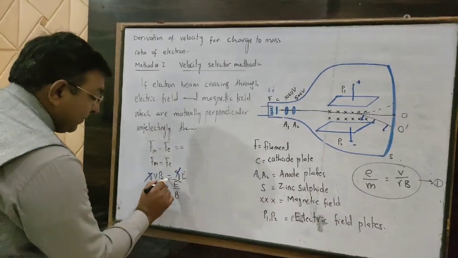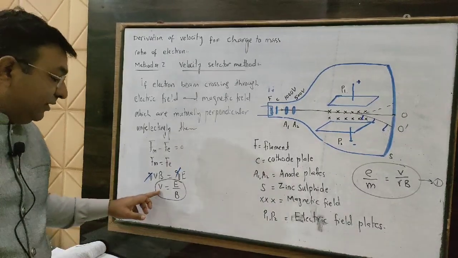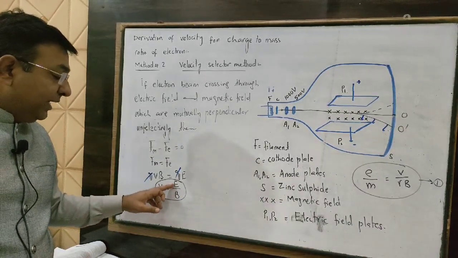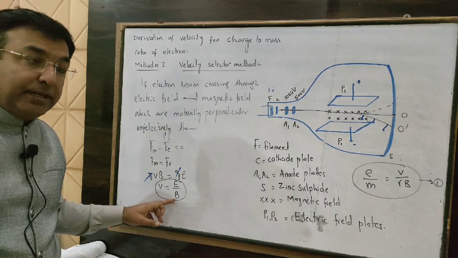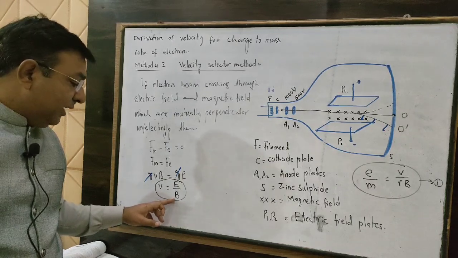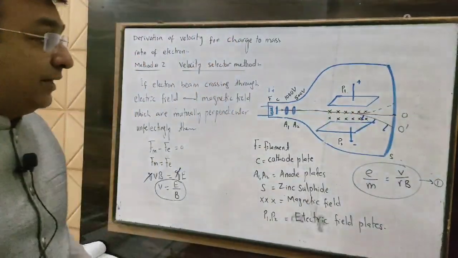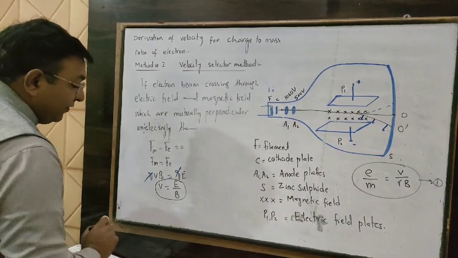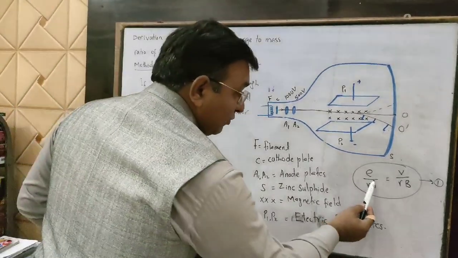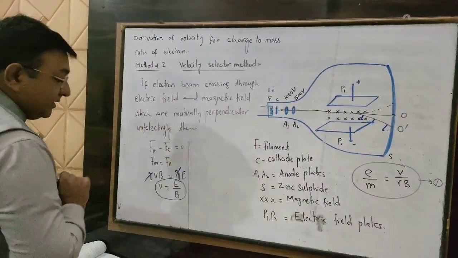Note in this case, whenever the charged particle has velocity equal to electric field upon magnetic field, it means it doesn't experience any deflecting force and it can move in a straight direction, and it will hit at the point O. Now, if we replace the value of V in this fundamental equation, charge to mass ratio V upon RB, then we can get the result.